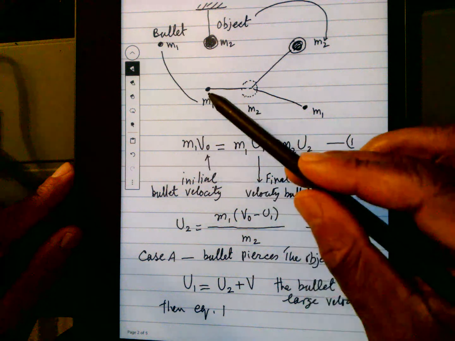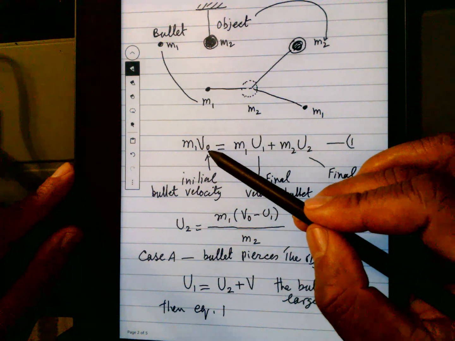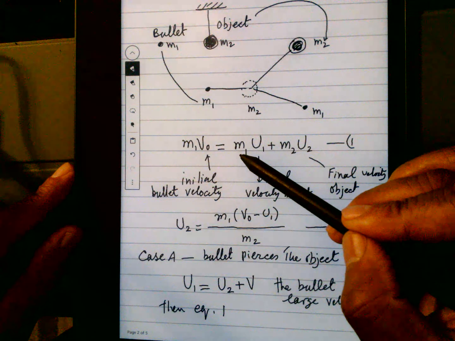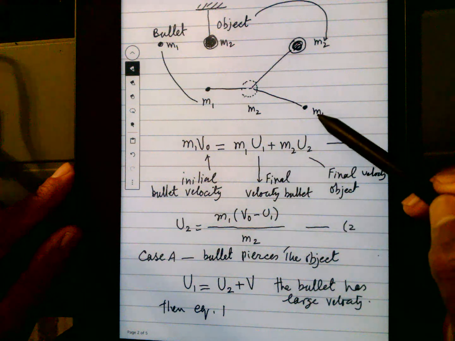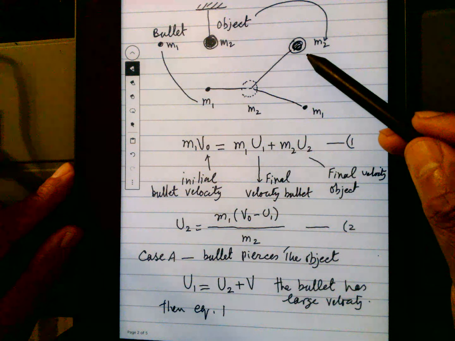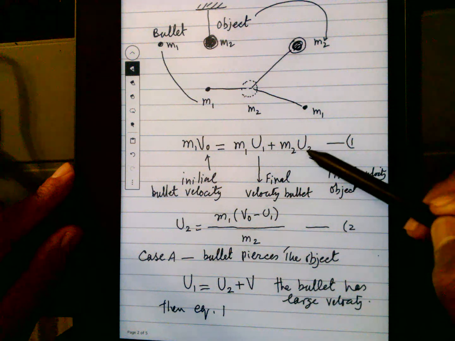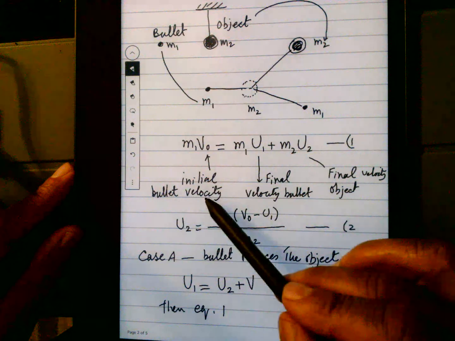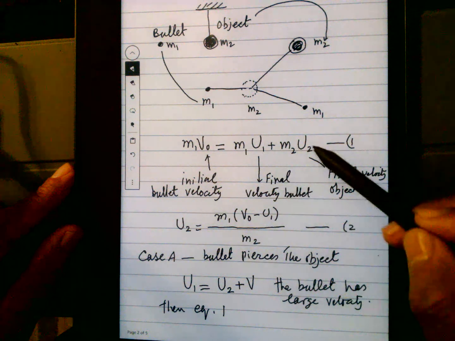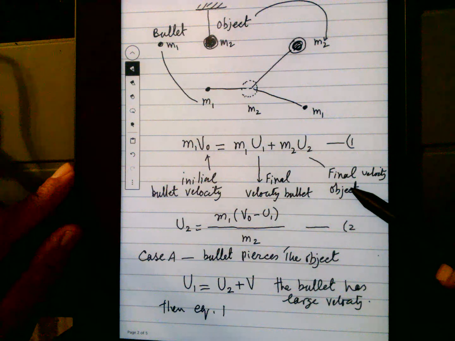So m1 v naught, the initial momentum, is equal to the final momentum of m1, u1, and the final momentum of the object m2, u2. So we have the initial bullet velocity, the final bullet velocity, and the final object velocity.